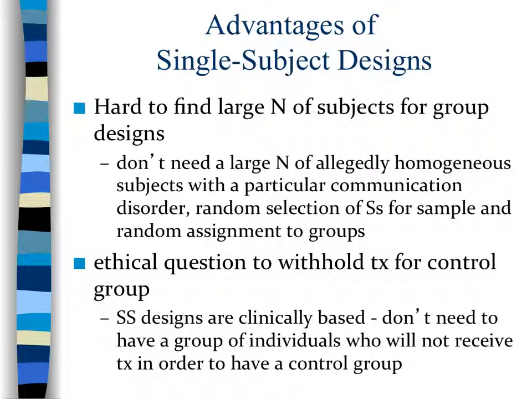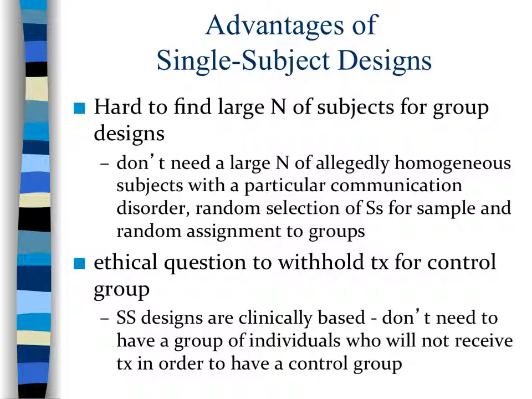Single subject designs have their own advantages over group designs. One big advantage is that you do not need a large number of students, so your sample group can be smaller. Another is the ethical question of withholding treatment for the control group.